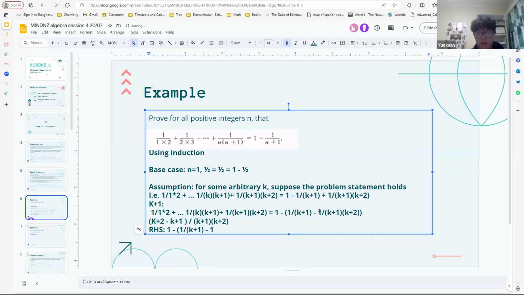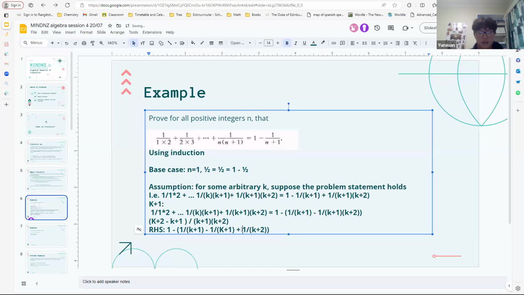So it's the same thing as taking away 1 over k plus 1 and then adding on, because negative times negative is adding, 1 over k plus 2.